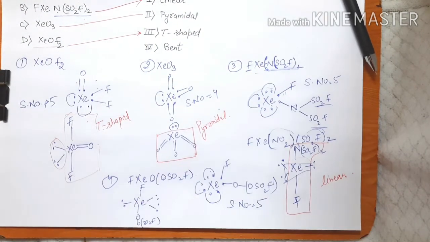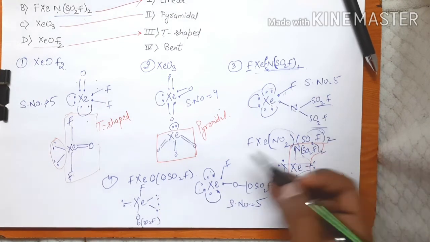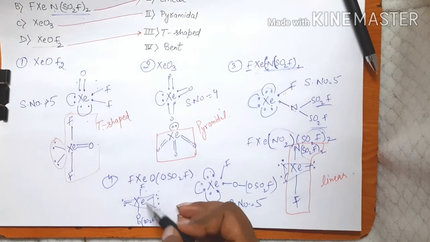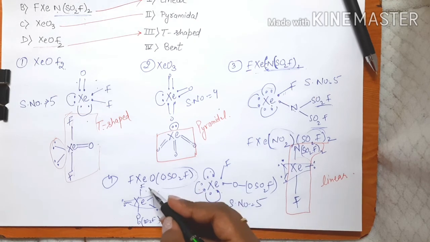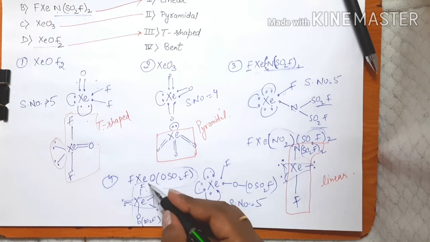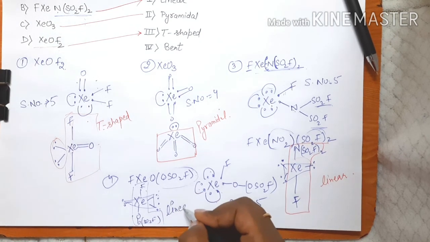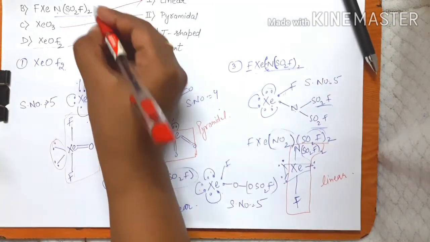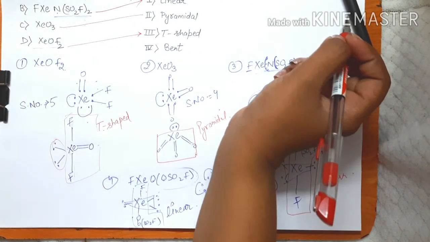So here there were three lone pairs, just like this case, three lone pairs which were present in the plane, and fluorine is present above, and this OSO2F group is present below the plane. So if we have to find out the shape of the molecule, then we just have to ignore the lone pairs. So here also we are getting a linear shape. So option A is also going to match with option 1.